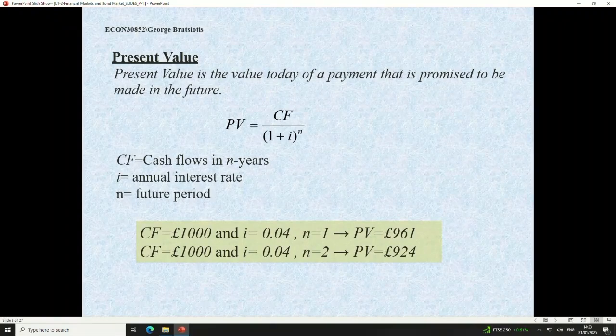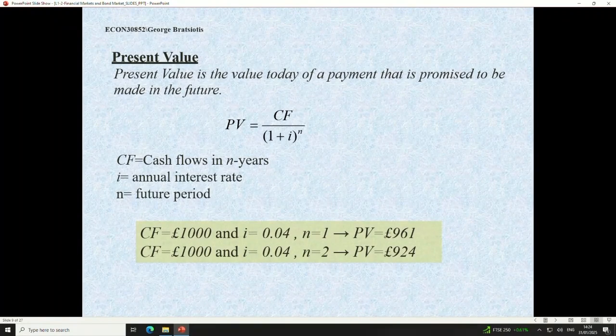So I can't remember exactly what you do, but at some point you've come across this term, the present value, right? You must have. So let me just remind you what the present value is, and then we can take it from there. Probably one of the most useful concepts to financial economists and economists in general.